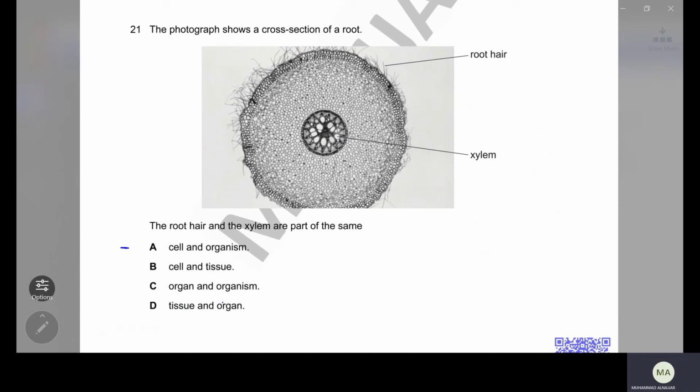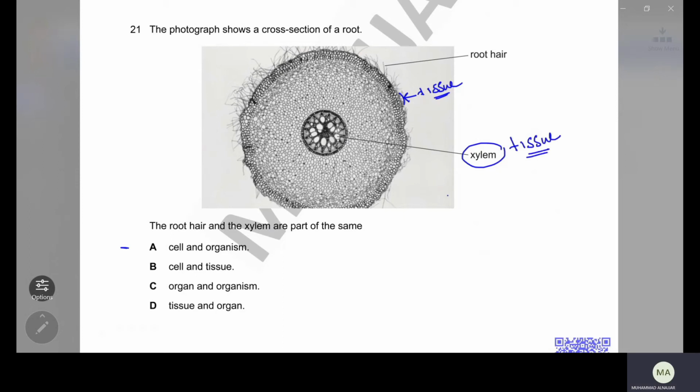Root hair is a cell which is a part of the epidermis. The epidermis is a layer, which is a tissue. Xylem is a tissue as well.